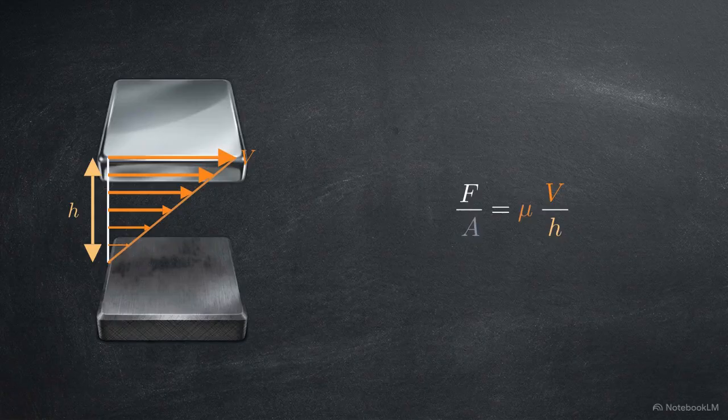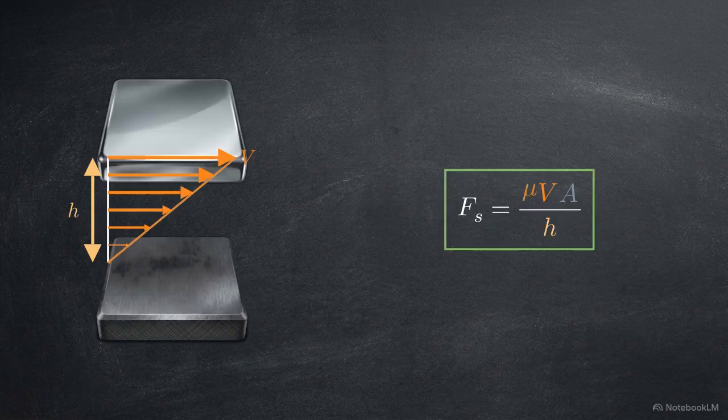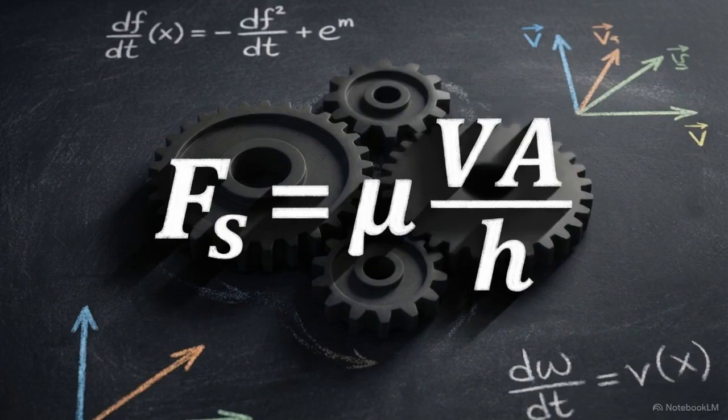Since shear stress equals force over area, we isolate the variable we actually want to find, the shear force. The force resisting motion equals the dynamic viscosity multiplied by the velocity and the contact area divided by the fluid thickness. This streamlined linear equation gives engineers a practical algebraic tool to calculate the precise physical drag generated by a lubricant inside a moving machine.